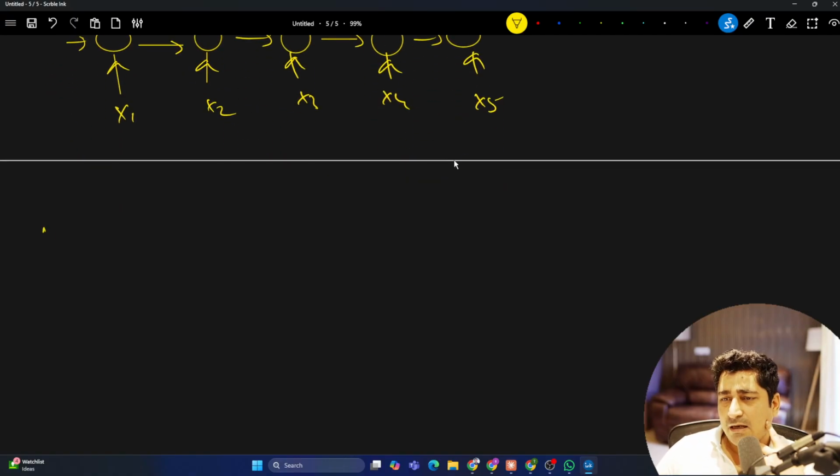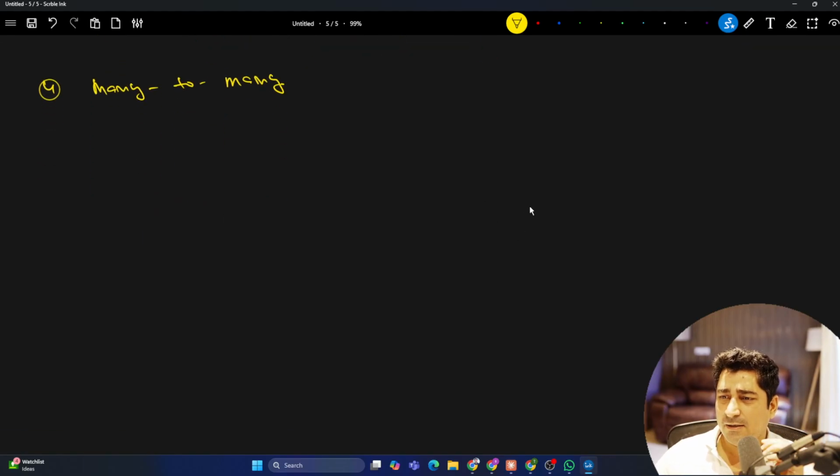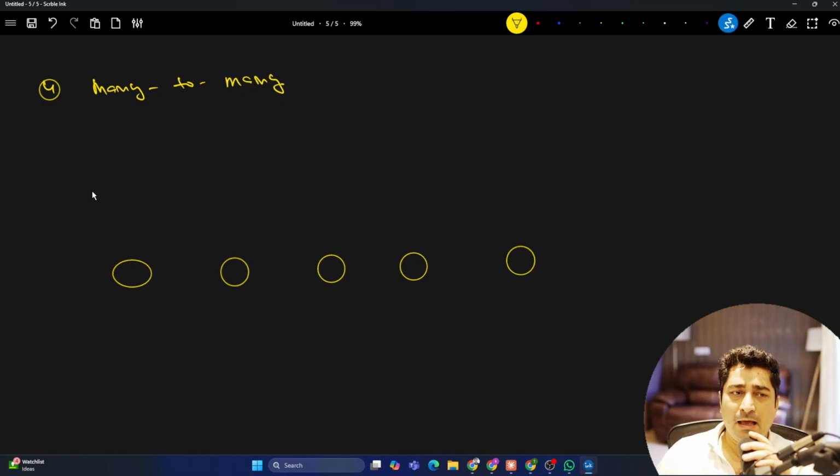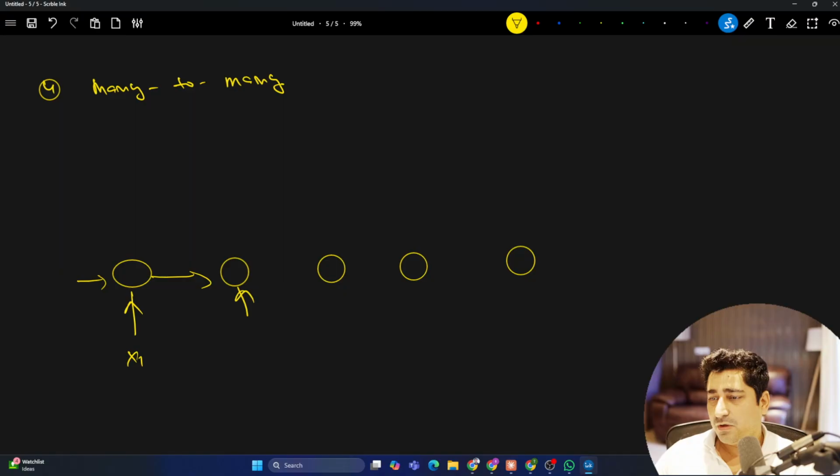Then there is a fourth kind of thing you will be able to find, many to many. I think it's pretty much clear, right? There will be multiple inputs and multiple outputs at the end of the day. So here, let's suppose I give x1 connected to this one, x2 connected to this one, x3 connected to this.